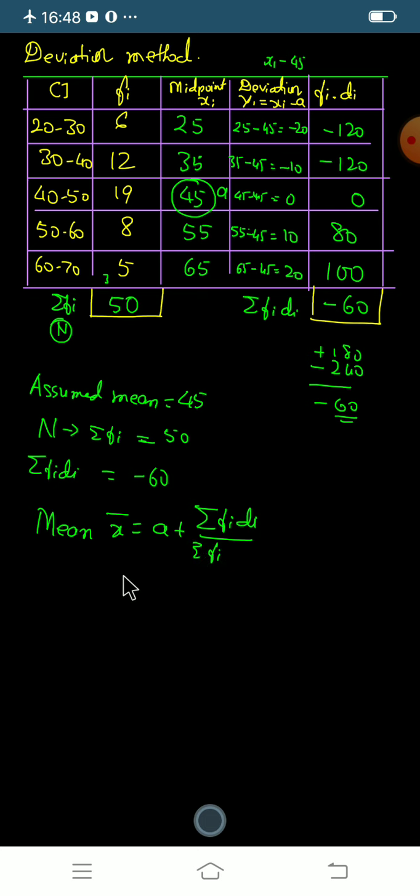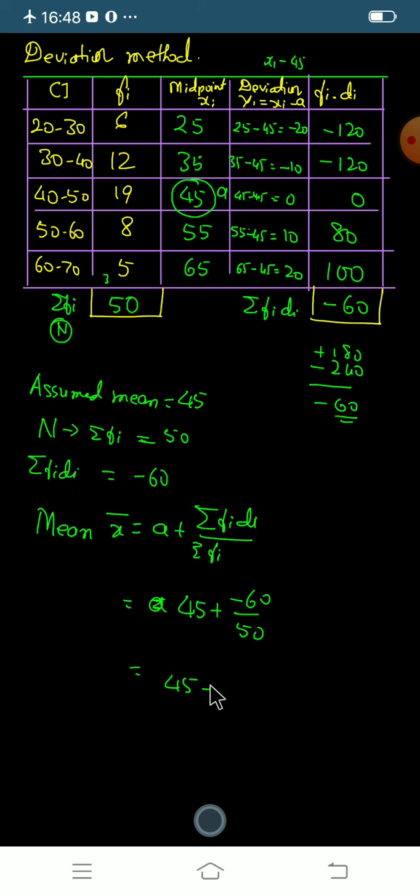Here A is 45, that is the assumed mean, plus minus 60 divided by 50.